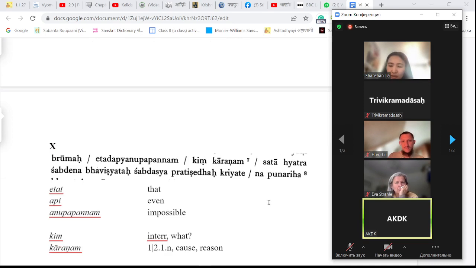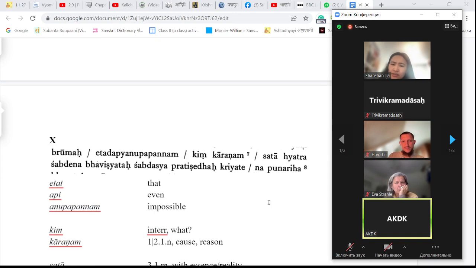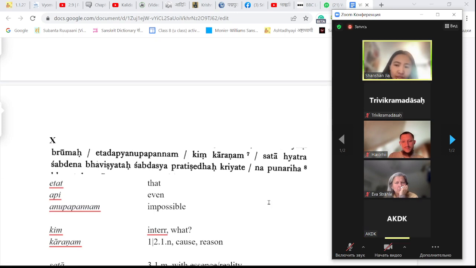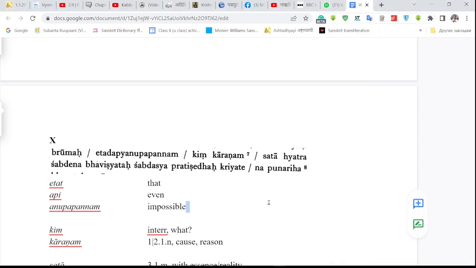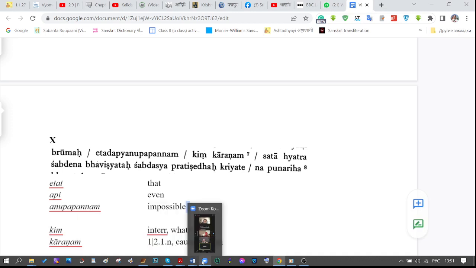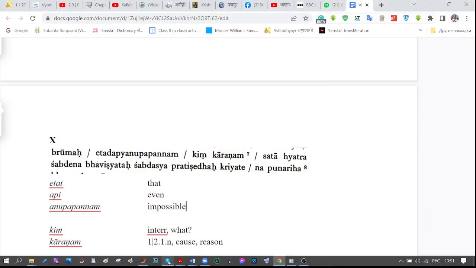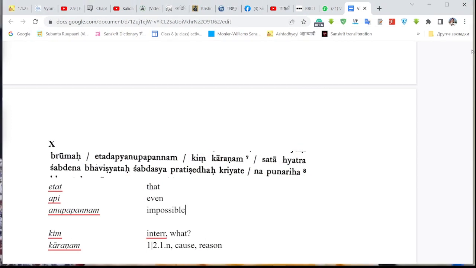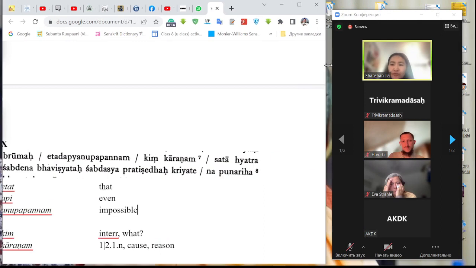So then it's tasya śabdasya, tasya bhaviṣyataḥ śabdasya, so of a future word, if you take it as word, and if you take it as sound, of a future sound. That's right. Exactly. And as you see, this pratiṣedha is a synonym of varṇa. So now you've solved the problem.